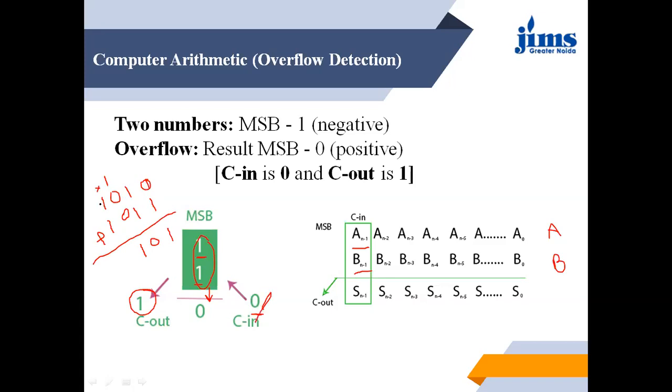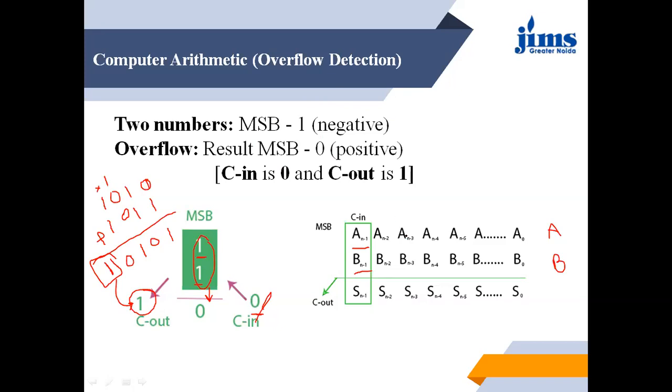And when we add these two, 1 plus 1 is 0, and we are getting a carry 1. So this condition is fulfilled, which means there is an overflow in adding these two negative numbers.